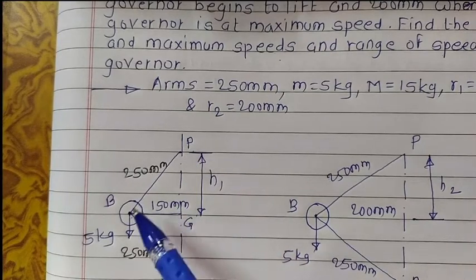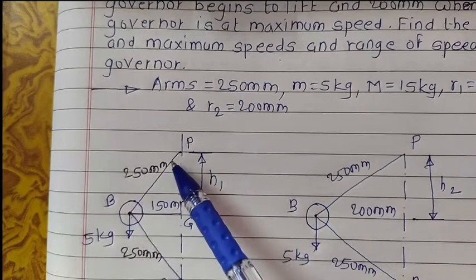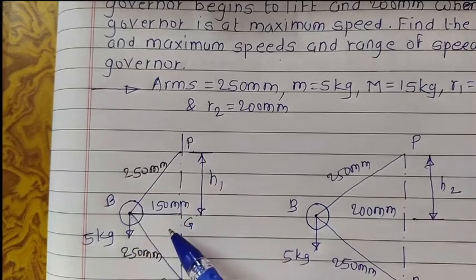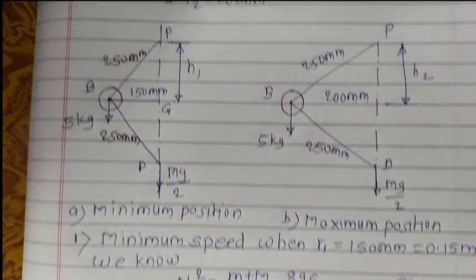PG equals square root of BP square minus BG square. Okay, so write it here.